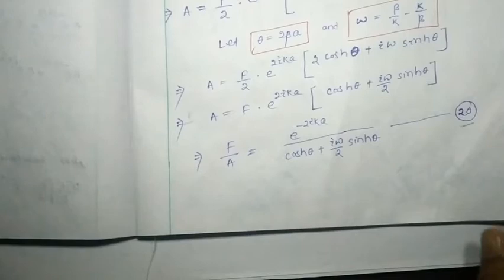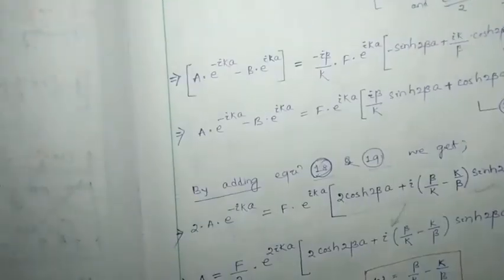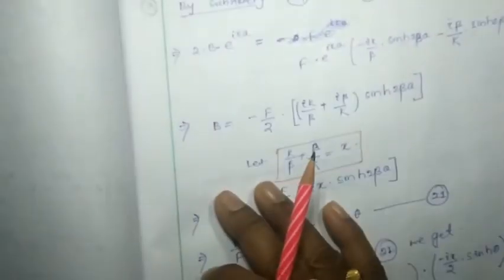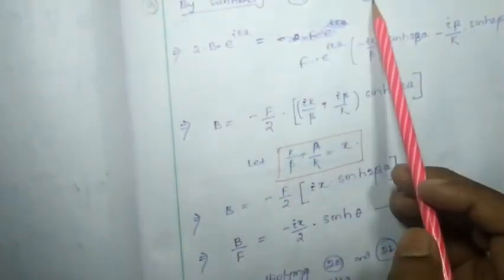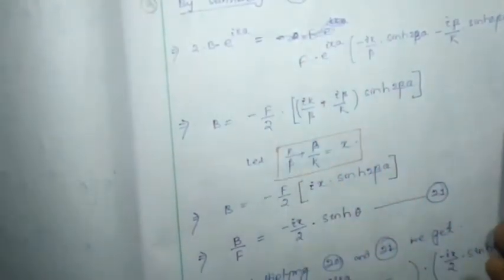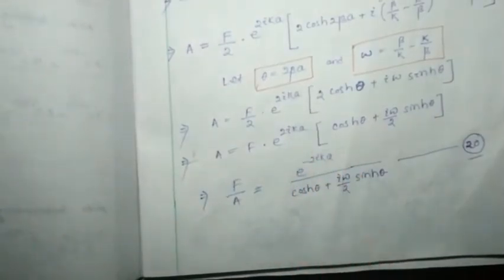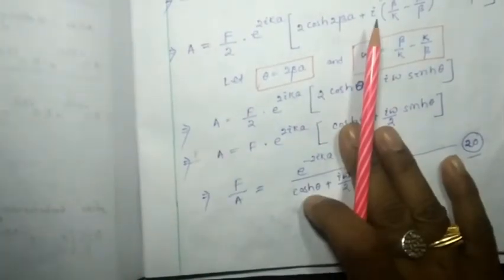Now we have to move on for further simplification. We already got equations number 19 and 18, and by adding equation 19 and 18 we found that f by a is equal to this much, that is your equation number 20, right?